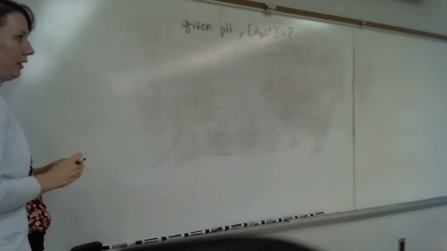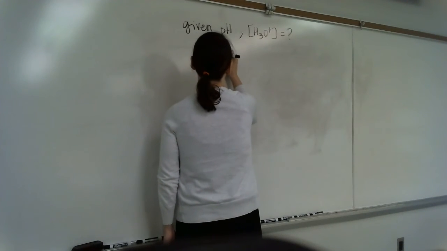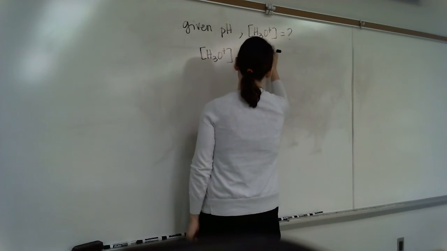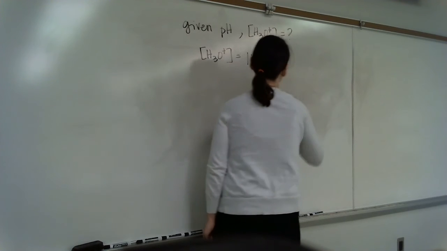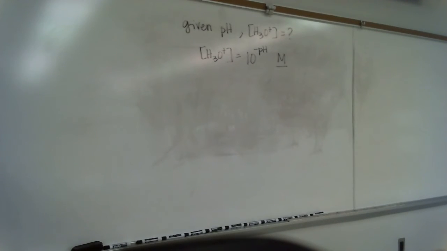Here's the relationship here. H3O plus is equal to 10 to the negative pH. And it needs units. Your units would be moles per liter. Okay, you have to have units here.